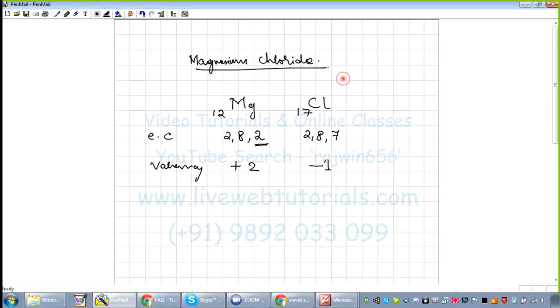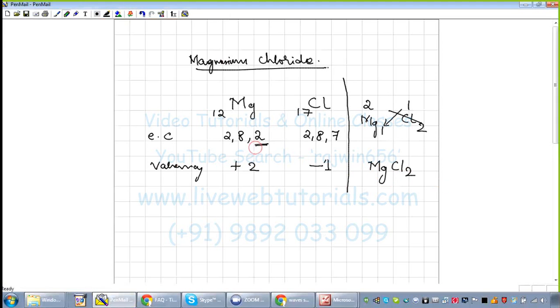So valency of magnesium 2, chlorine 1. This one will get transferred over here. Formula of magnesium chloride will be MgCl2.